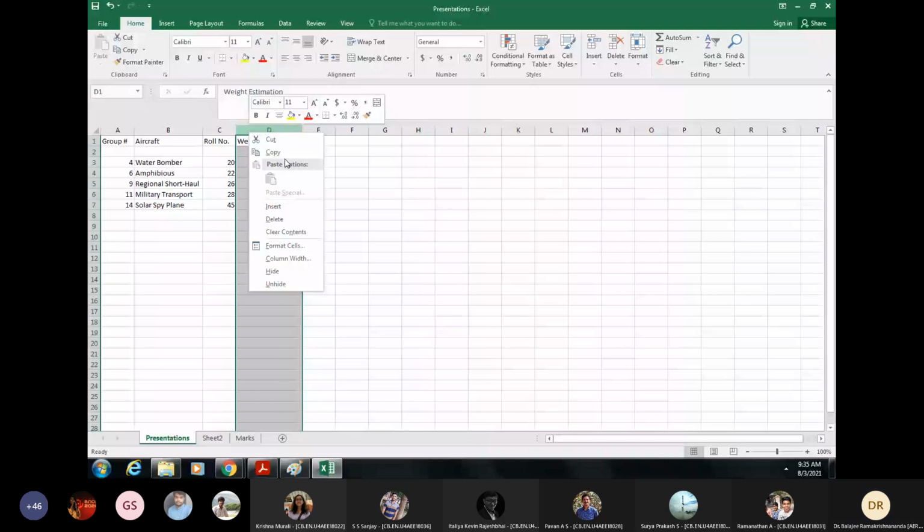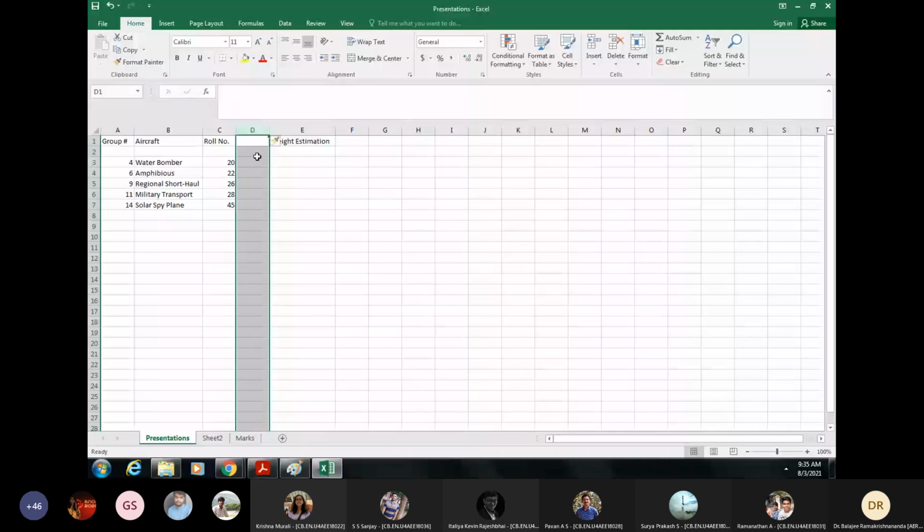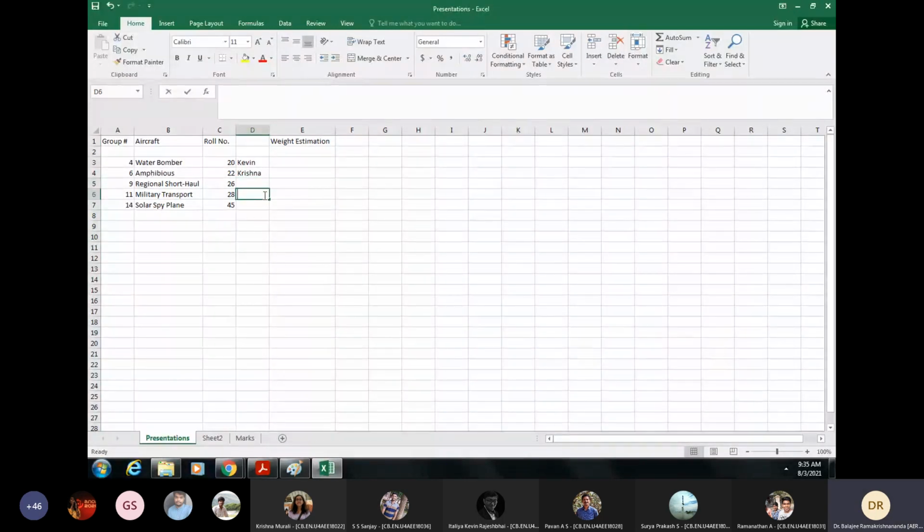Twenty is Kevin. 22 is Krishna. Let me check my memory power. 26, 28 Pawan too. Pawan, P-A-V-A-N or P-A-W-A-N? PAVAN, sir. Good. Then 26, regional shortfall. Who's 26? I forgot. Nitin, sir. Nitin.